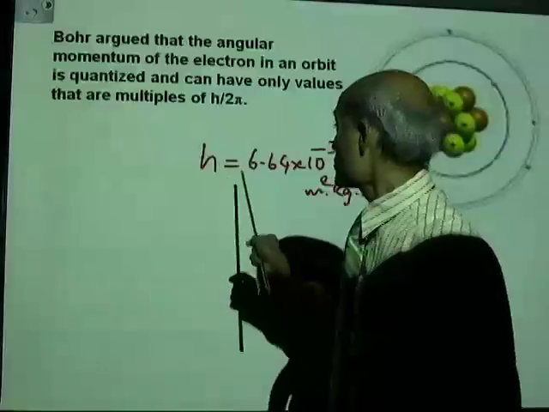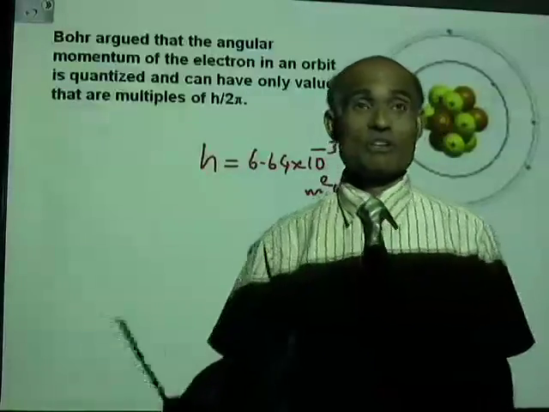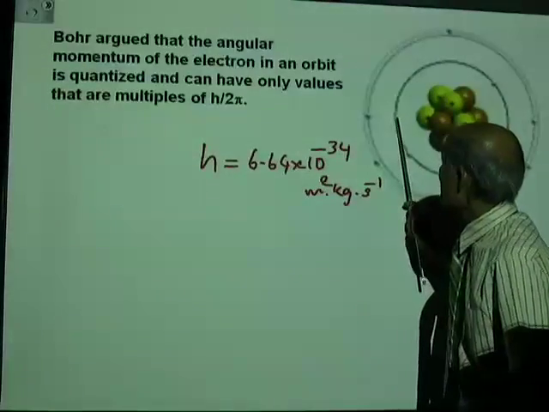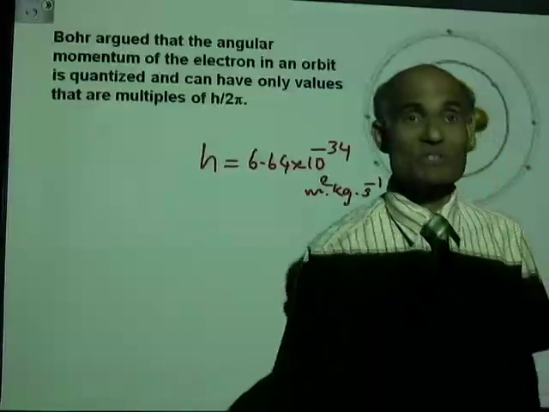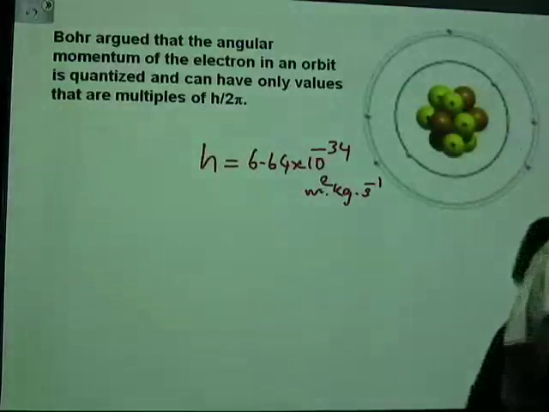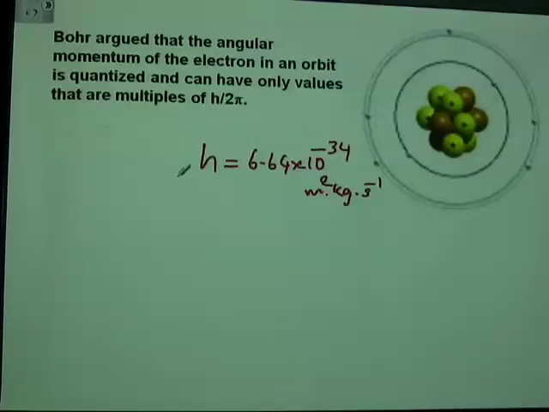Now, once we are familiar with this h, we will be able to write expression for the energy difference between the two levels. For example, let me see if I can write that again. An electron moving from level 2 to level 1 will emit an energy that is given by E2 minus E1.